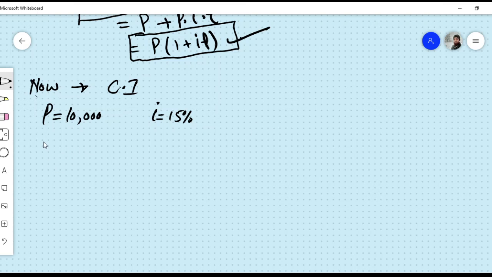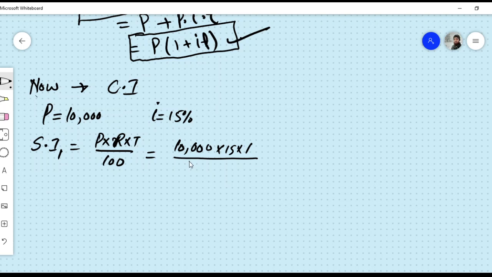If you remember, the simple interest I calculated for 1 year is principal into rate into time divided by 100, which is equal to 10,000 into 15 into 1 divided by 100, and it was rupees 1500.